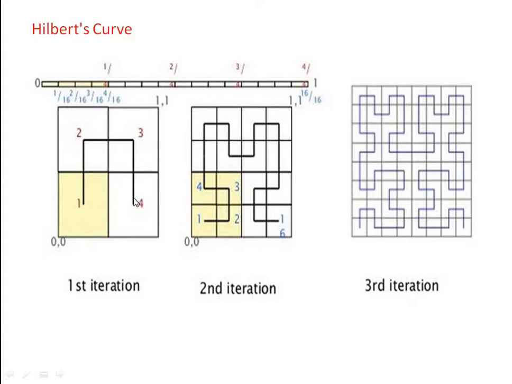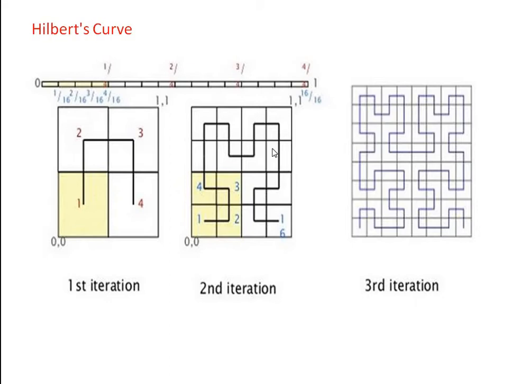So by using the center points we draw this curve: first is the bottom left, then top left, then top right and the bottom right. By using these steps we draw the curve. Here is the first iteration.